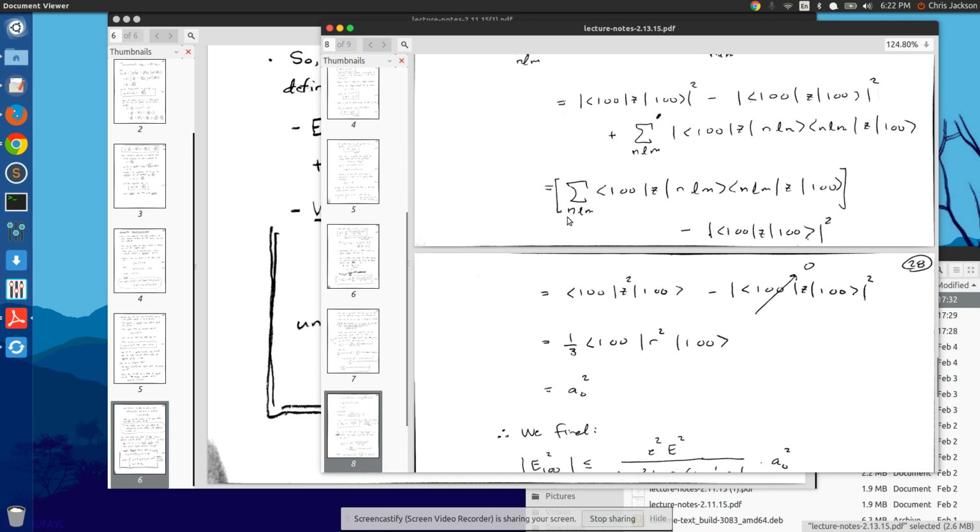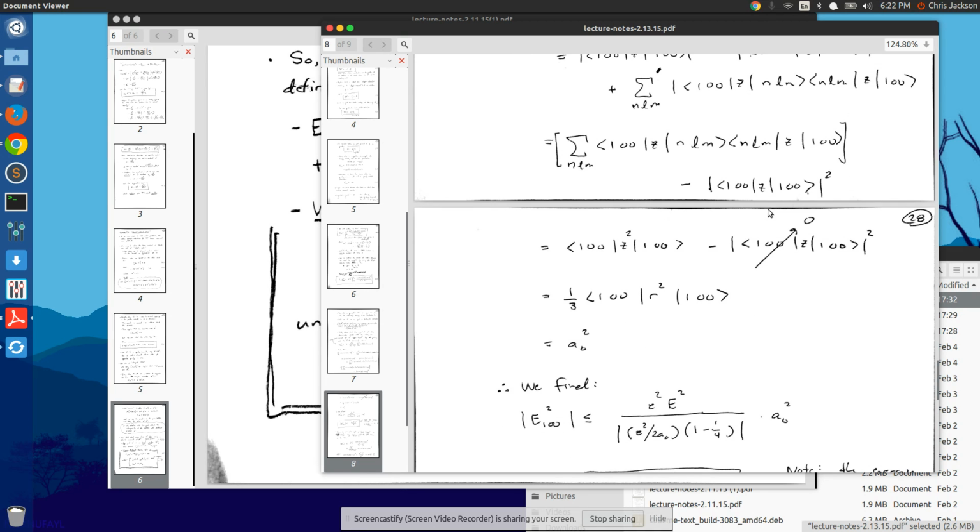And if that's the case, then the sum with these two guys right here is the equivalent of multiplication by 1 between this state and this state. So that gives me something that looks like this: the matrix element of z squared, and then subtracting off this piece, which we've already said is just 0.